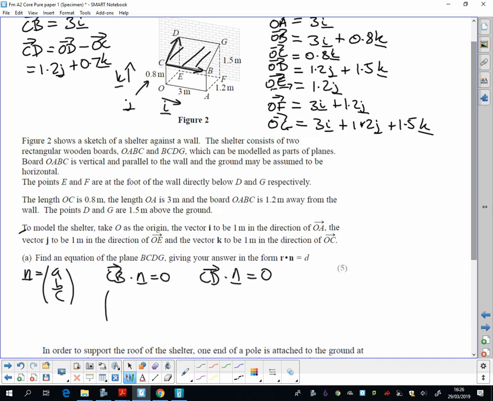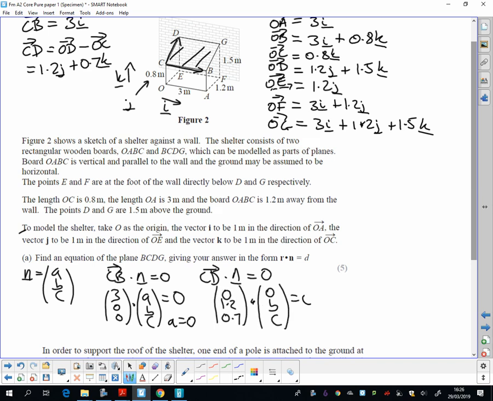So CB, conveniently, is 3, 0, 0. Okay, so I can see that 3A has got to be 0, so A is going to be 0. CD then is 0, 1.2, 0.7. So from this, I get that 1.2B plus 0.7C is going to be 0.